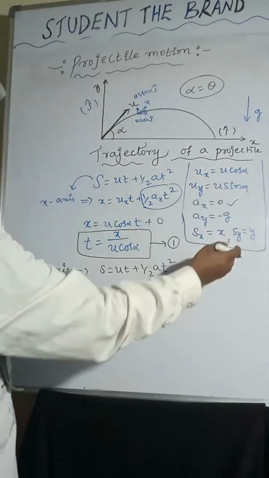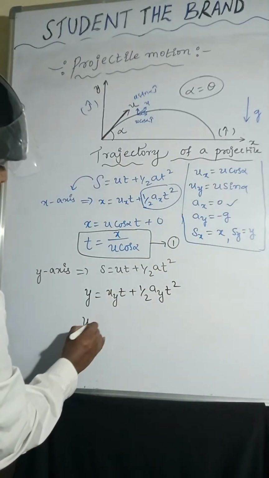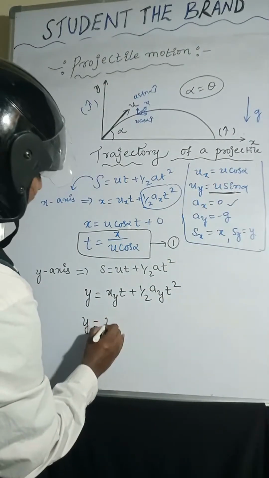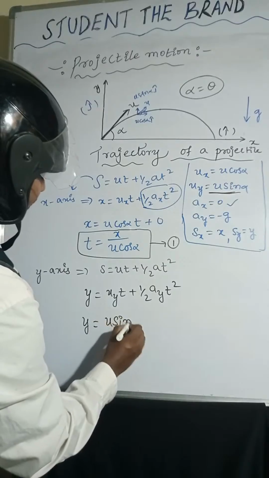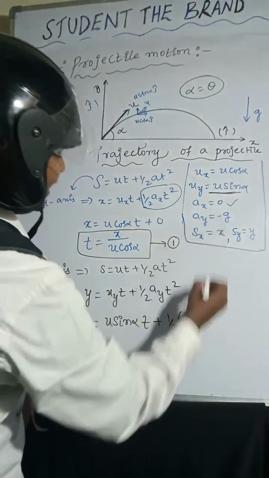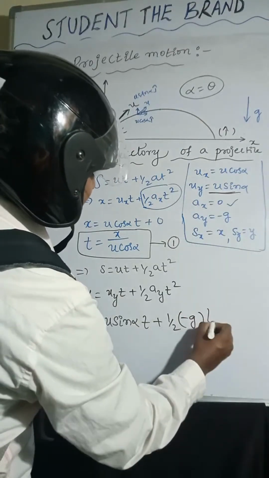See the conditions: uy equal to u sin alpha, so u sin alpha into t plus half into ay, which is nothing but minus g, t square.